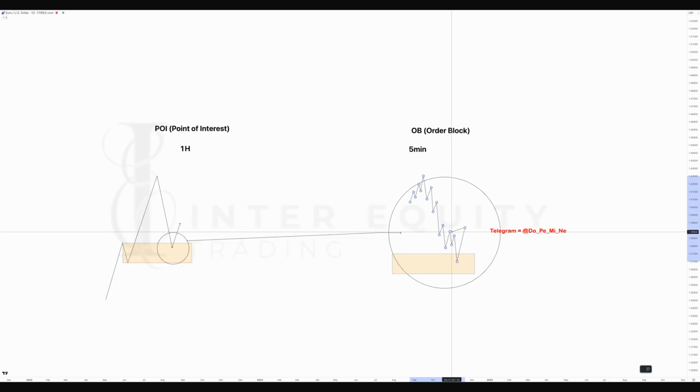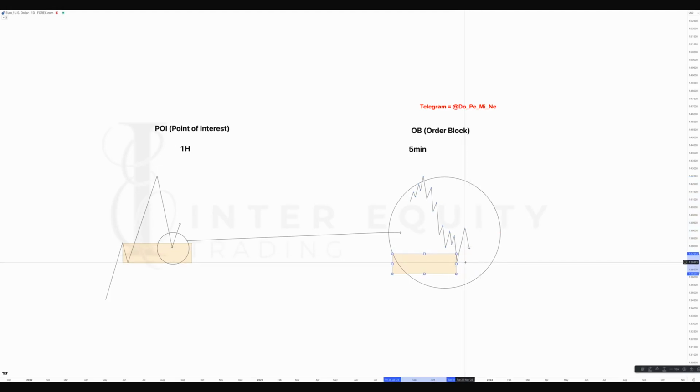So this right here would be your break of structure, and then price pulls back into potentially your order block.